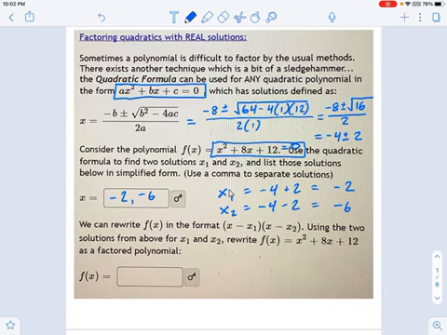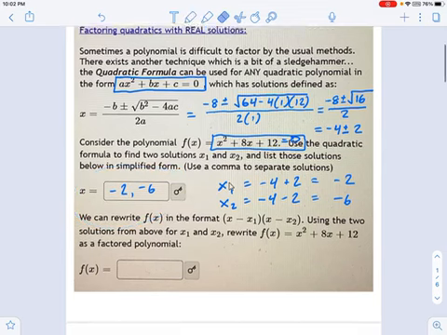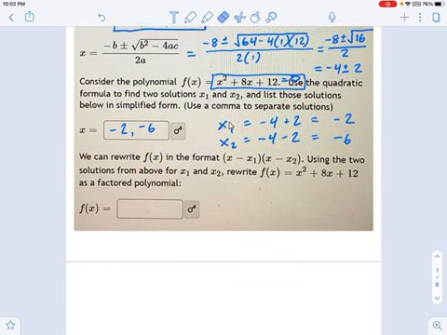Now, what we're doing at this point with these solutions is we're going to create a factored form. Remember, the whole exercise here is we couldn't factor it for some reason. Maybe it was a hard one. We couldn't factor it, so we're using the quadratic formula to help us factor it.